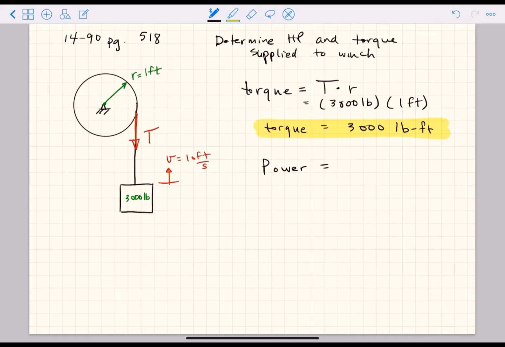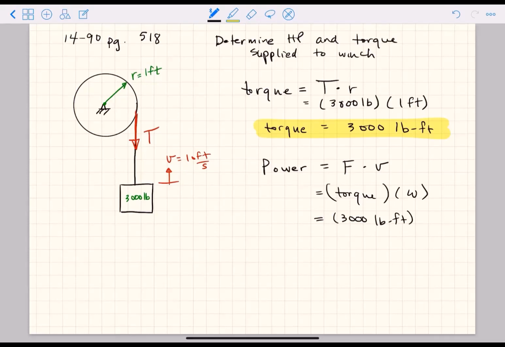One of them would be force times velocity. Well, if we're dealing with torque here, then this would be equivalent to torque times instead an angular velocity. So that would be omega. So we can just take our torque, which is 3,000 pound-feet, times an angular velocity.